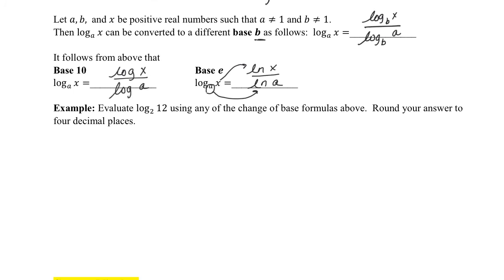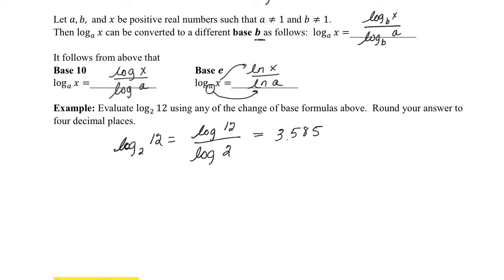So let's do one more example. If I asked you to evaluate log base 2 of 12 using the change of base formula, then log base 2 of 12 would equal the log of 12, and all I'm doing is using base 10, divided by the log of 2. If you put that in your calculator, you will get 3.585, okay?